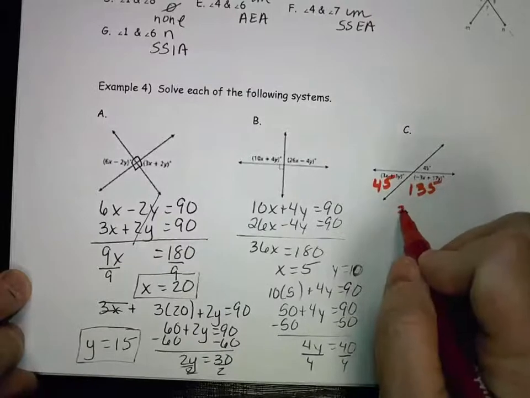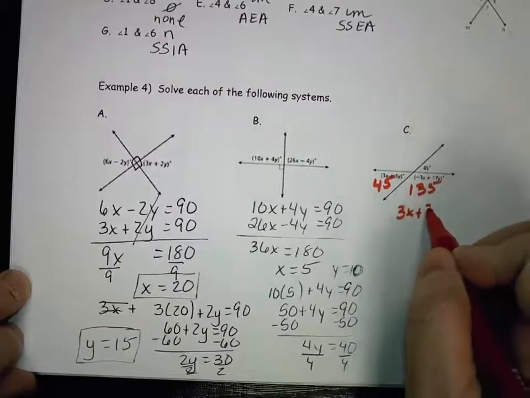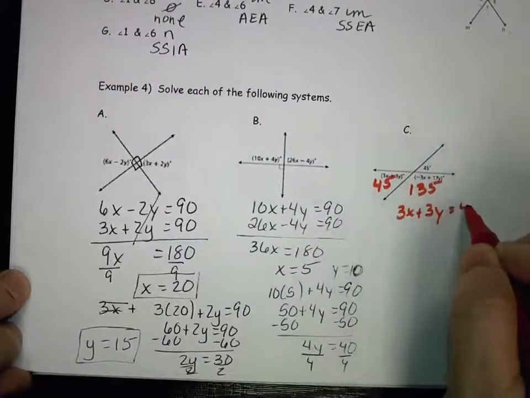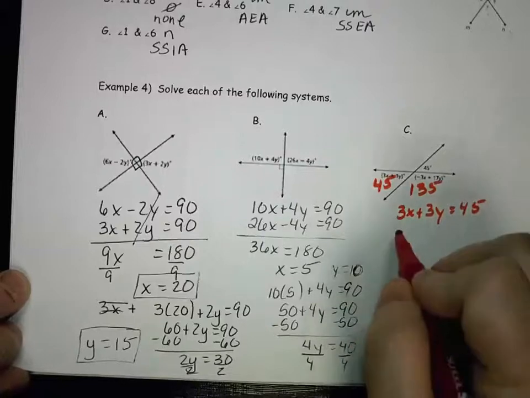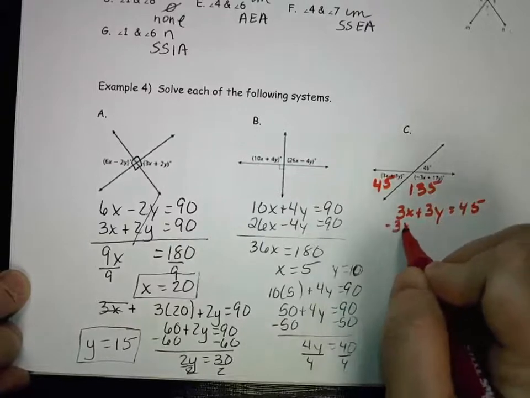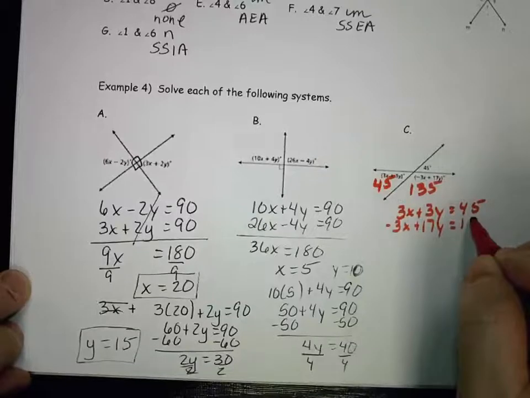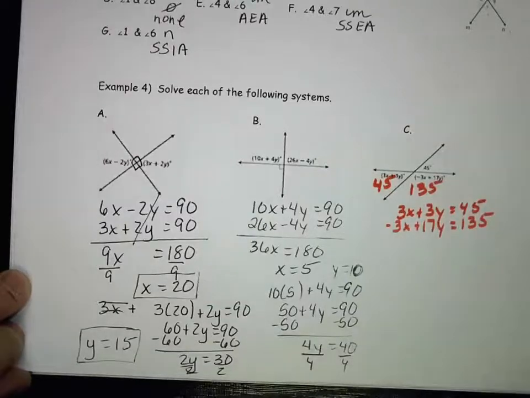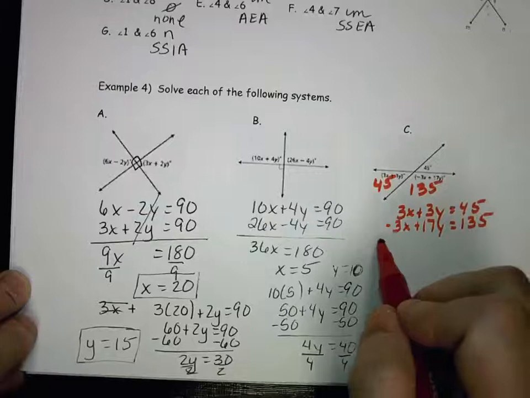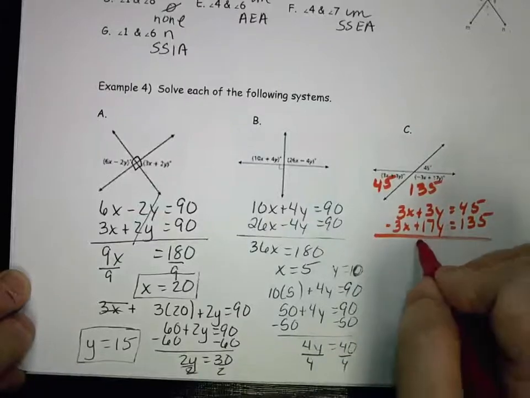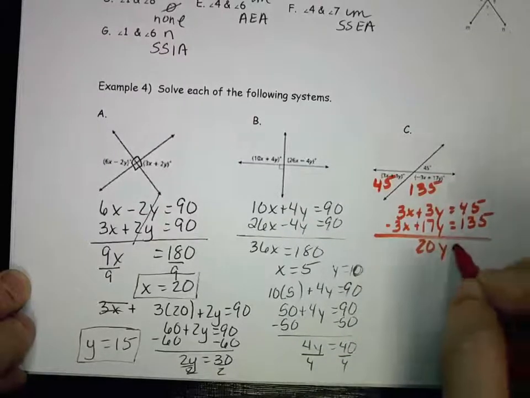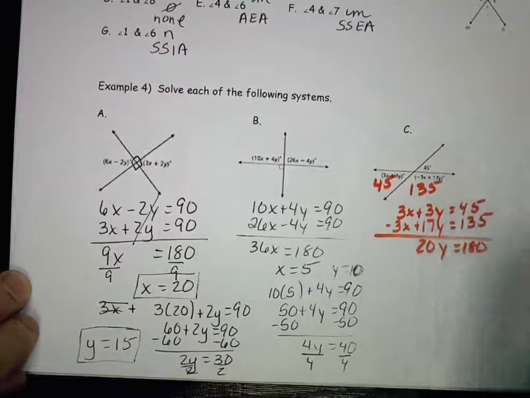So we have 3x plus 3y equals 45. And then negative 3x plus 17y equals 135. Adding that going down, you have 20y equals 180.